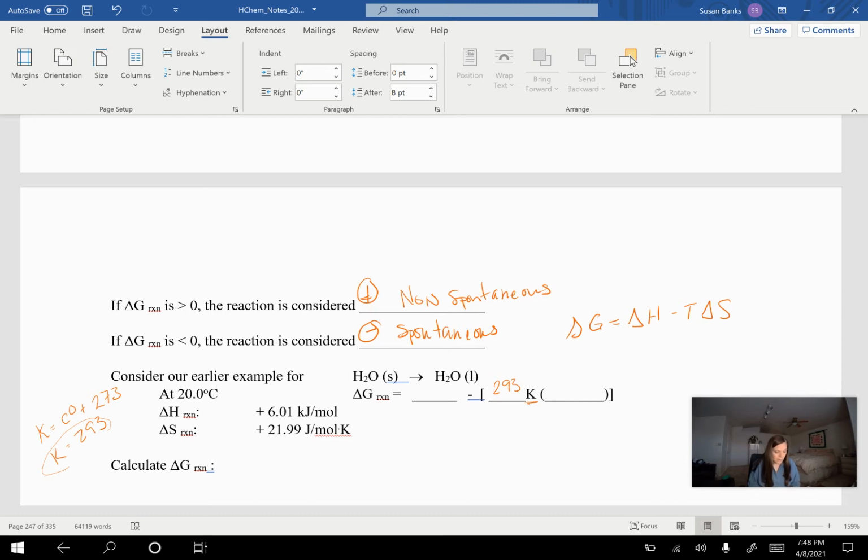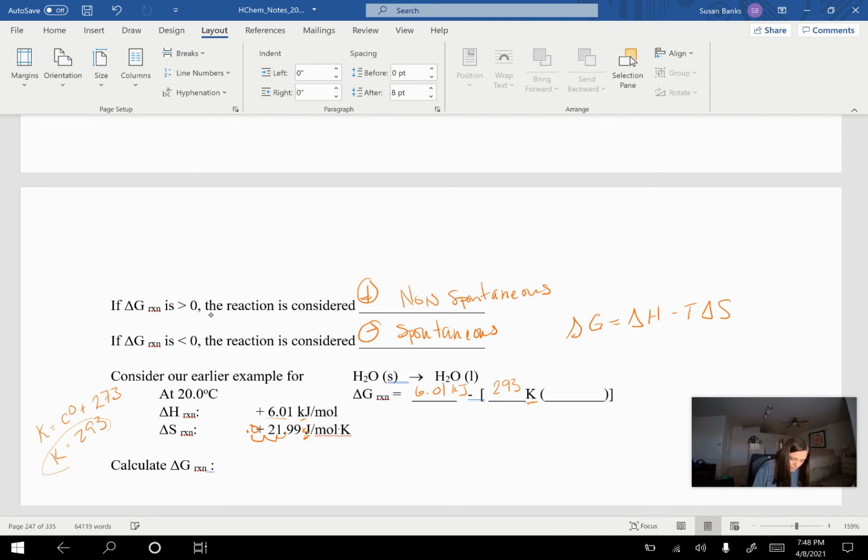Now, I plug in the delta H right here. I have 6.01 kilojoules. Now, it's really important that we make sure that we have things in the same unit. Notice our enthalpy, or delta H, is in kilojoules, but our entropy is in joules. We need to make sure our entropy is also in kilojoules. So I'm going to move my decimal place over 3 places. That way I can have it in kilojoules.